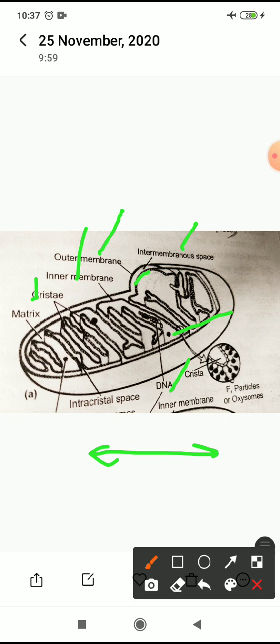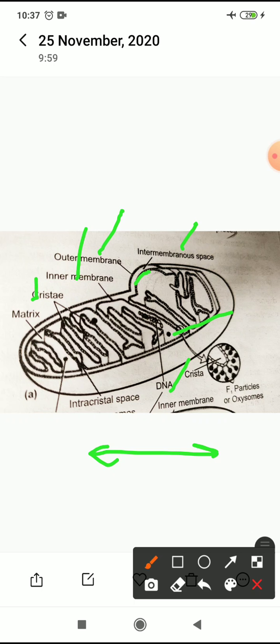So while studying structure of a typical mitochondrion, it measures about 15,000 angstrom long and 5,000 angstrom in diameter. It is bound by two membranes.